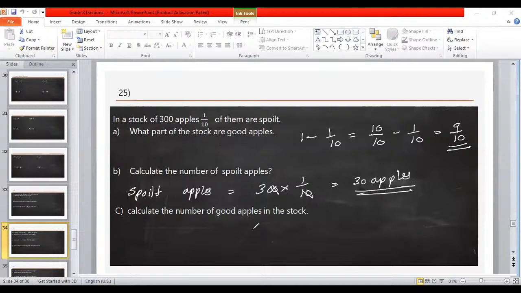Calculate the number of good apples. 300 minus 30, 270 apples. On the other hand, 300 into 9/10. Other method, 30 into 9, then also 270 apples.